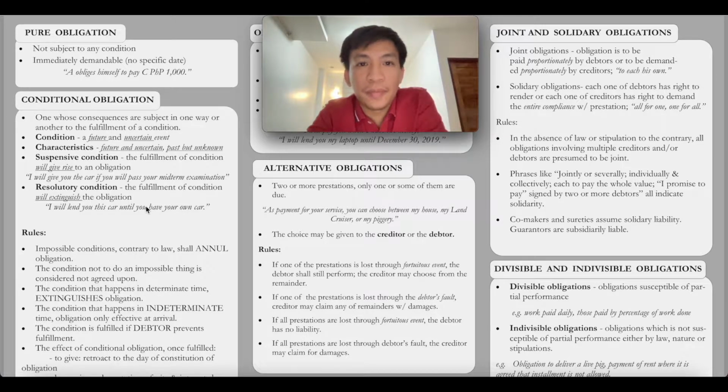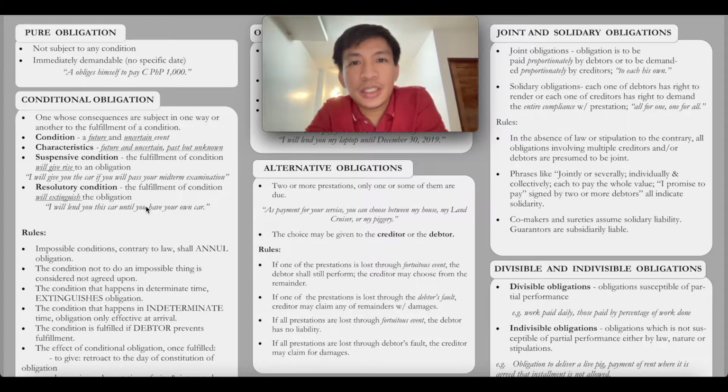For example, kung sa December 25 ay may jowa ka na, bibigyan kita ng cellphone. Okay. Kung sa December 25 ay may jowa ka na, bibigyan kita ng cellphone. Okay.